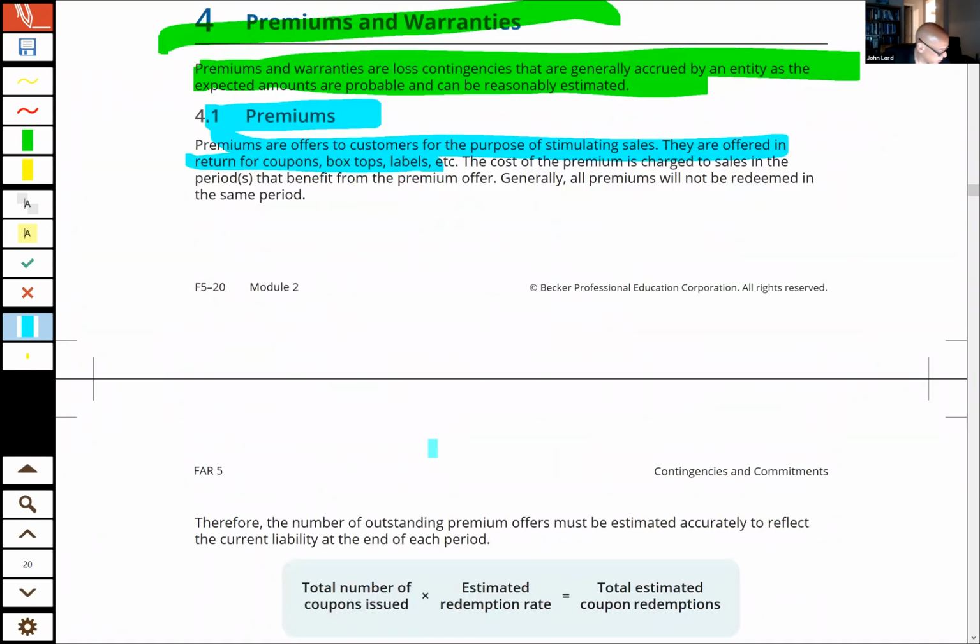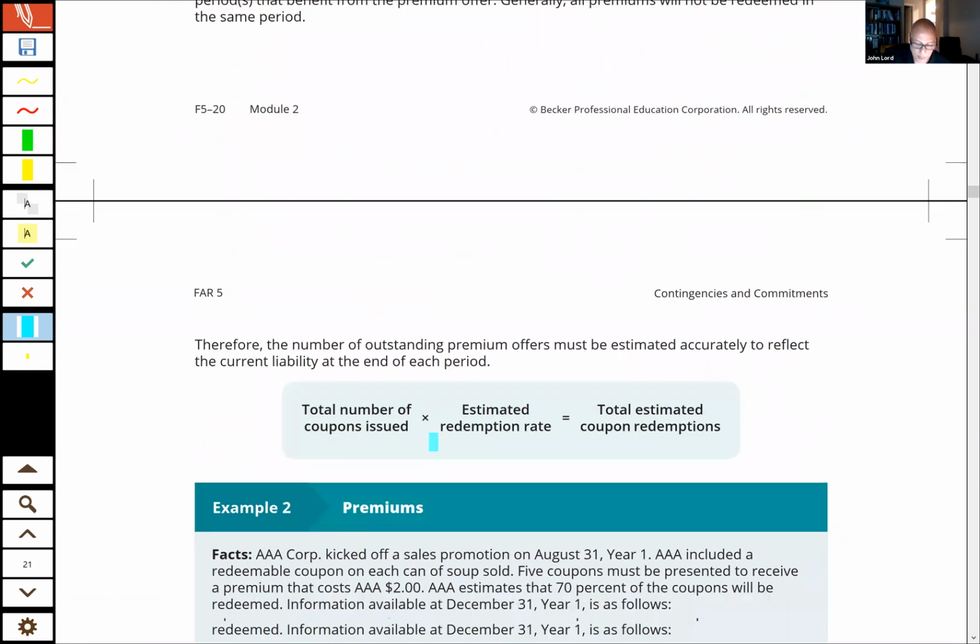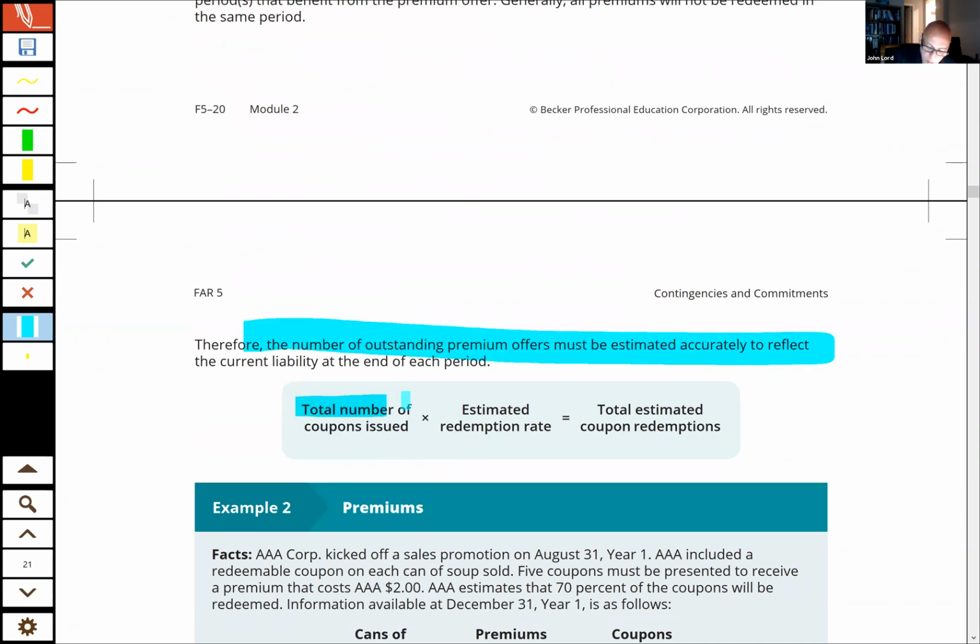When we do that, we have to figure out the total number of coupons issued times the estimated rate. I never collect coupons. I just throw everything away. Can't be bothered to cut these things out. A lot of people are like that. But some people say, no, look, 10 soup labels and I get this cute little cup.